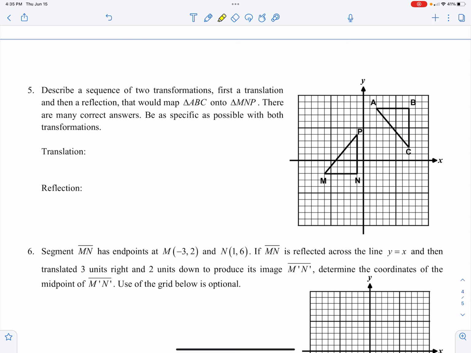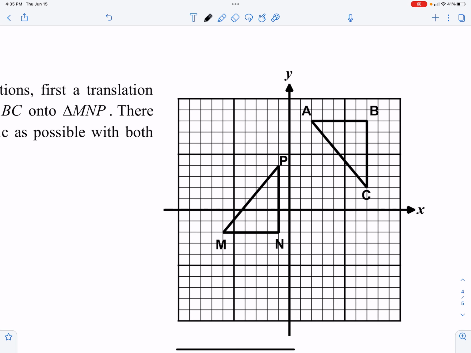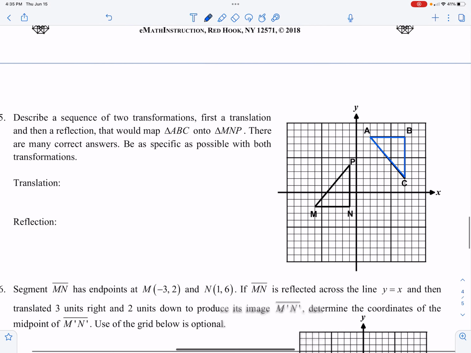Okay, so I'm going to highlight in blue triangle ABC, and we're going to talk about how we can move that to map it on top of MNP. So one way I see we could do it is we could move this triangle 1, 2, 3, 4, 5, 6, 7, 8 units to the left.